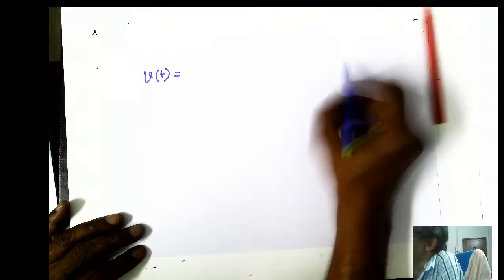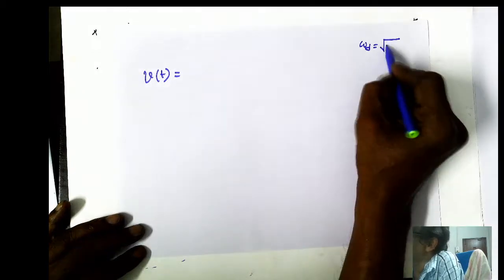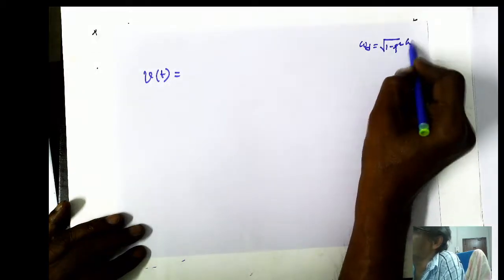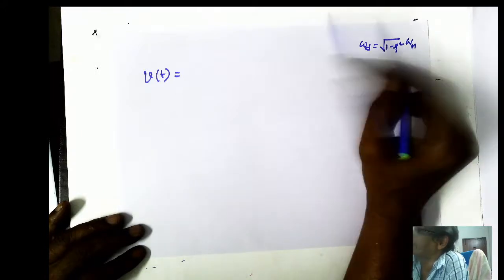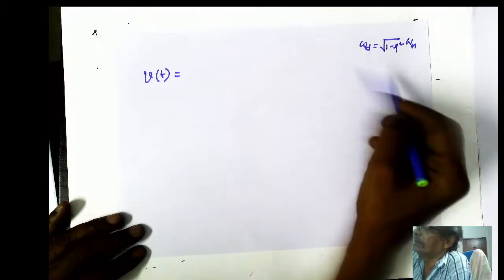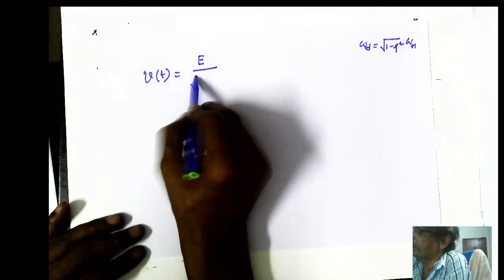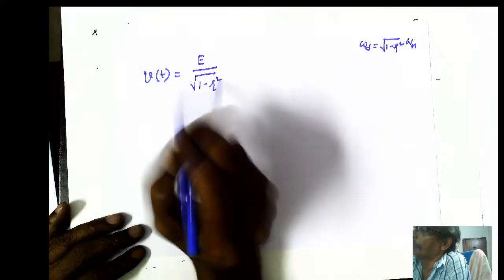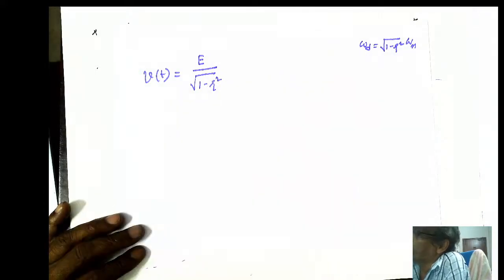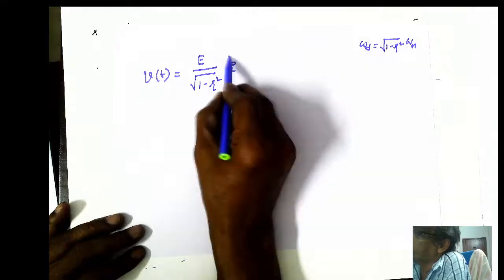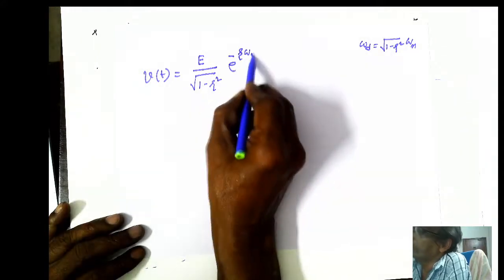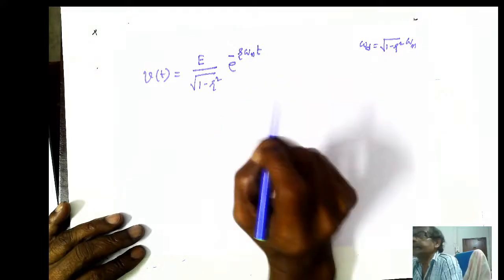Because omega d is root over 1 minus zeta square into omega n, omega n by omega d is nothing but E by root over 1 minus zeta square into e to the power minus zeta omega n t into cosine 90 plus theta.